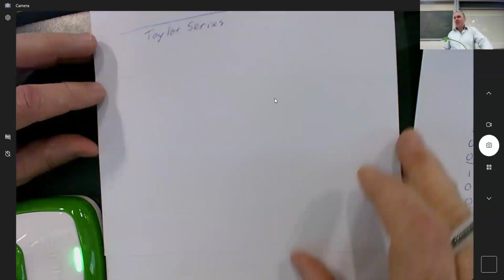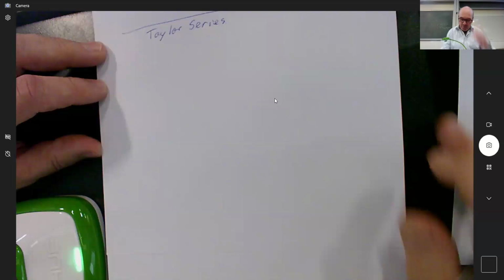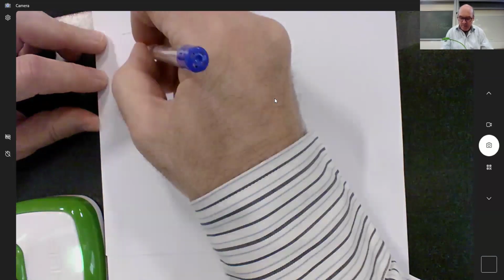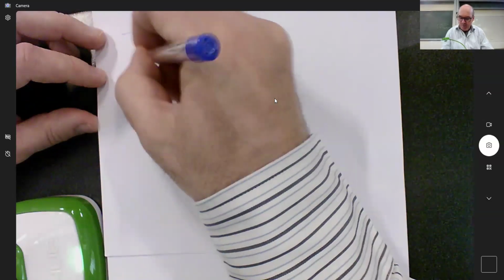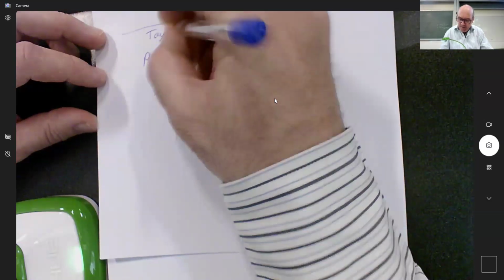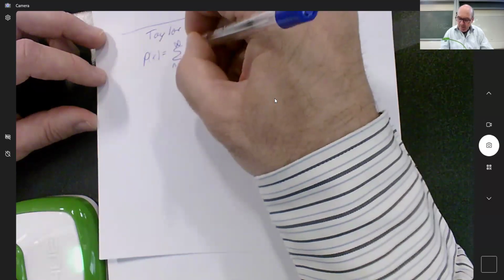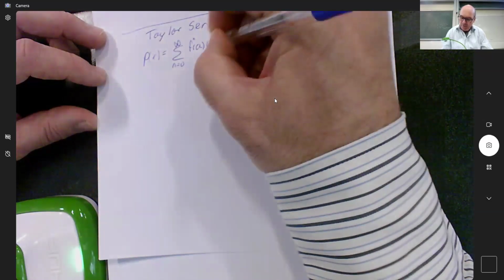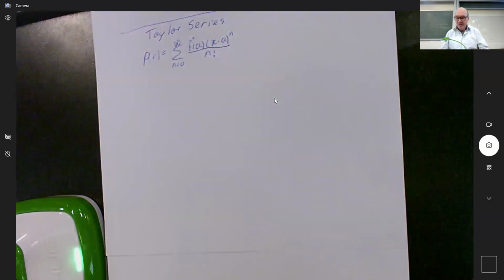Okay. So firstly, we're going to go with the series. My Taylor series is the sum from n equals 0 to infinity of the nth derivative evaluated at a, times (x minus a) to the power n, over n factorial. That's what we mean by Taylor series.